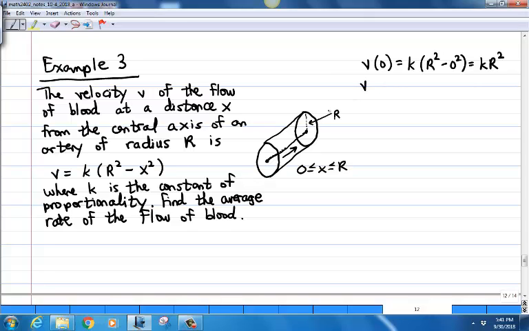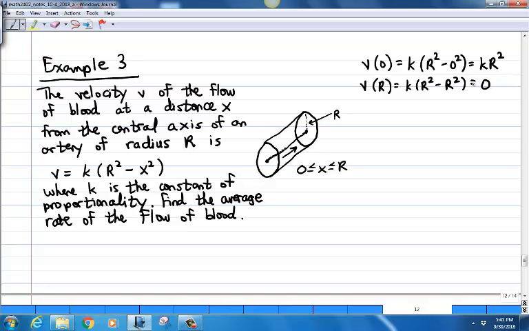But if you go out to the edge of the artery, so if you look at that maximum distance that the blood can be away from the center of the artery, so that's when x is capital R, and evaluate, well, it's also an easy evaluation. You get k times r squared minus r squared again, because we're going to substitute r for x, and of course that is going to turn out to be 0.